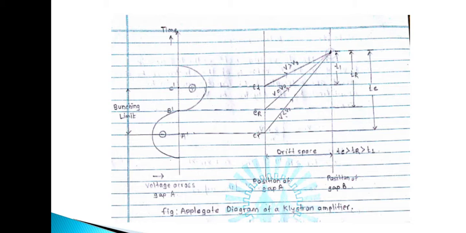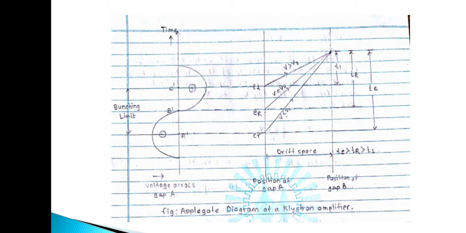The pulsating stream of electrons passes through gap B and excites oscillations in the output cavity, the catcher. The density of electrons passing the gap B varies cyclically with time.